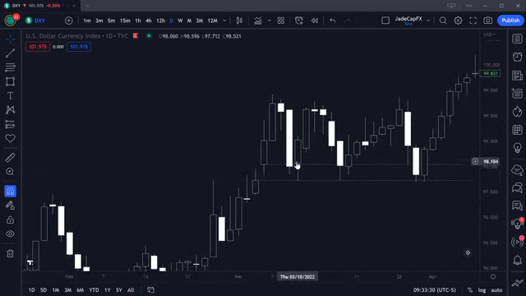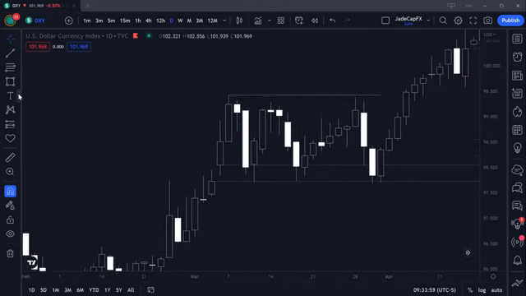And what does price do every time it touches that? Well, smart money accumulates within that. They're generating liquidity. They don't take this high. So what does this mean? If they don't take the high here, they don't take the high here, they don't take the high here, it's generating more and more buy side liquidity.